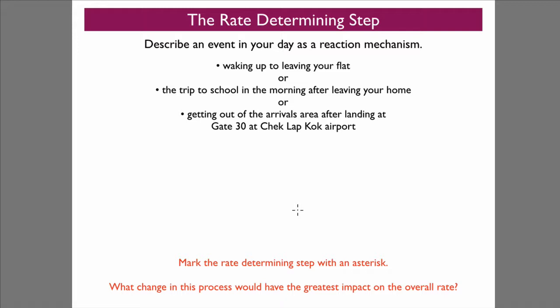You can see that the rate determining step here, the thing that slowed me down the most, was the trip on the ferry, because it was a set speed and it goes much slower than the other parts of the day. I could do the push-ups faster, I could do the squats faster, which means that would be quicker. But the real rate determining step, the thing that always slows me down, is how slow this ferry goes. It will always go that slowly unless I was to attach some rope to it, get in front and drag it by doing front crawl.